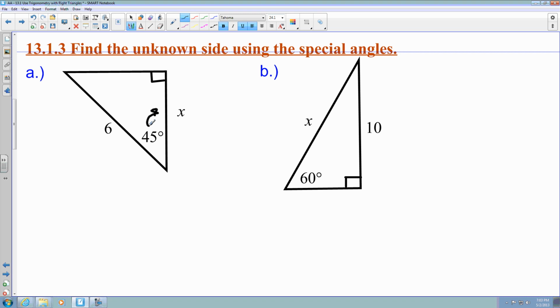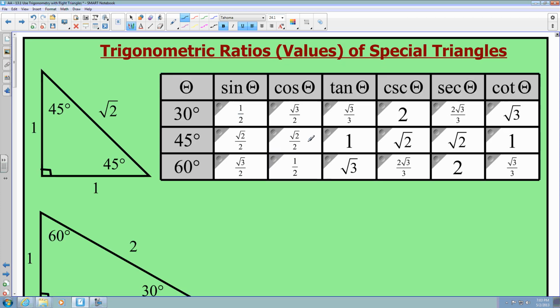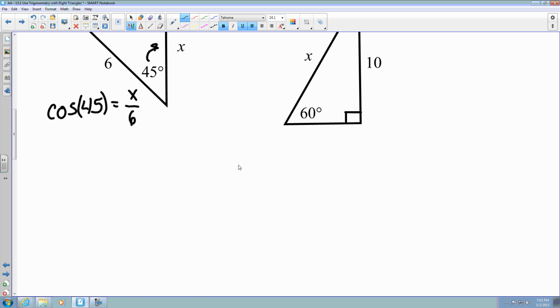So if I have the adjacent over hypotenuse, I want to use cosine of 45 degrees, and that's going to equal x over 6. And if we look up to the chart, cosine of 45 degrees is the square root of 2 over 2, so I can replace cosine of 45 degrees with square root of 2 over 2, which then equals x over 6.